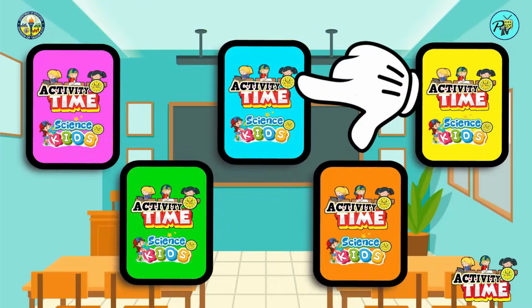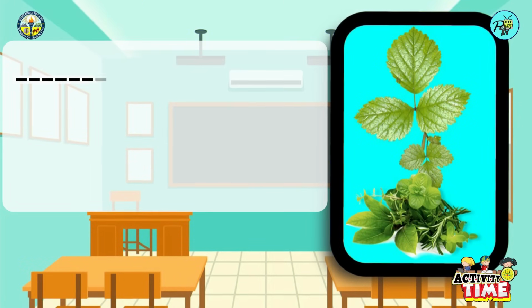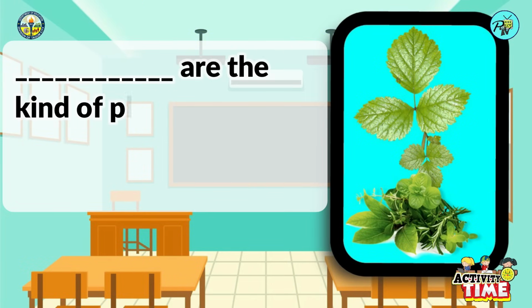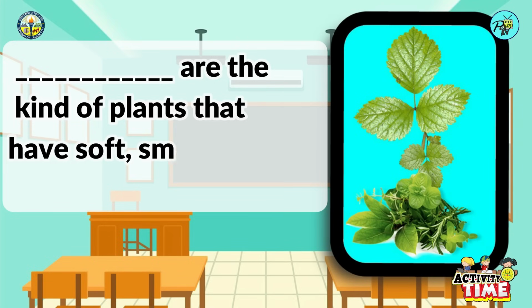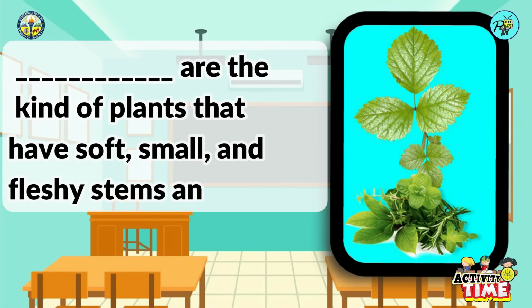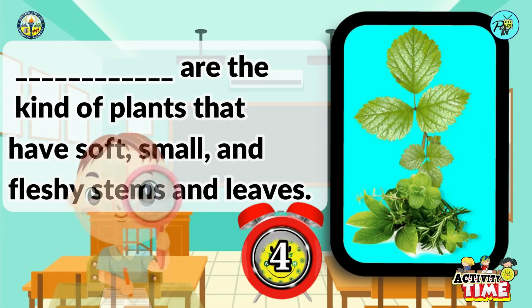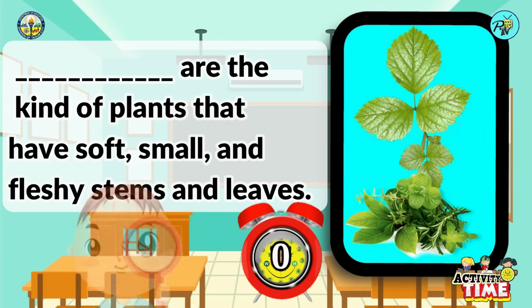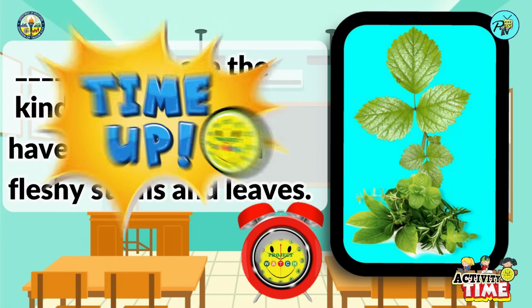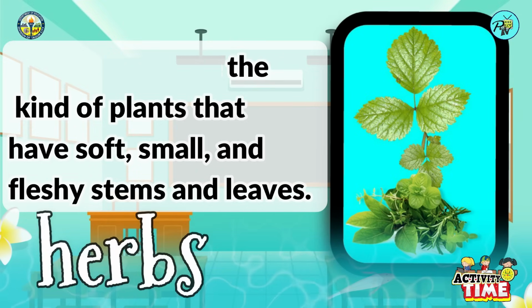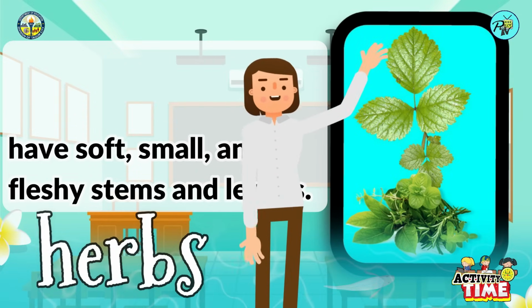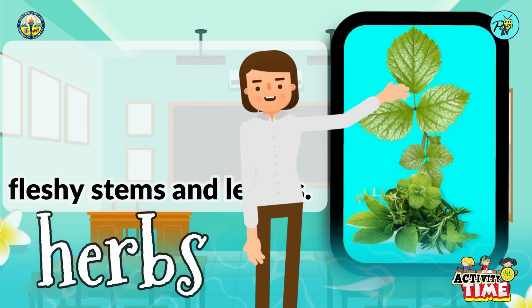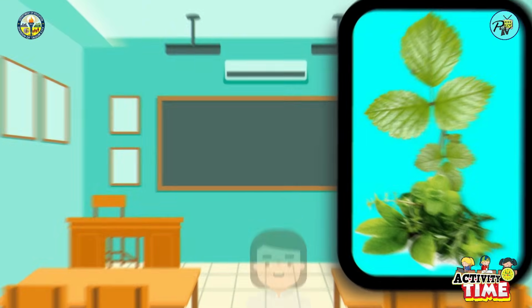How about the fourth card? Blank are the kind of plants that have soft, small, and fleshy stems and leaves. What kind of plants are they? Great! You got it right. These are herbs.